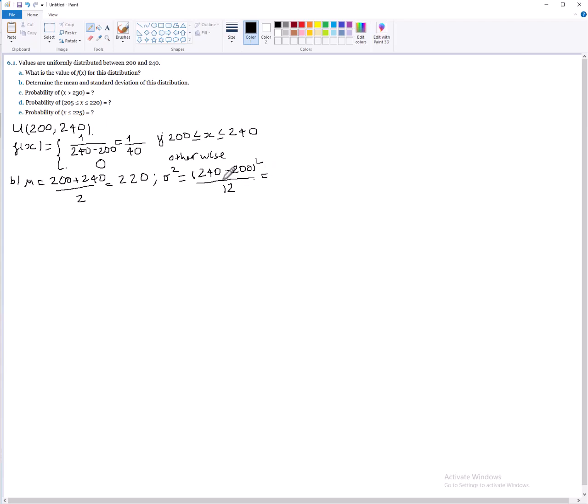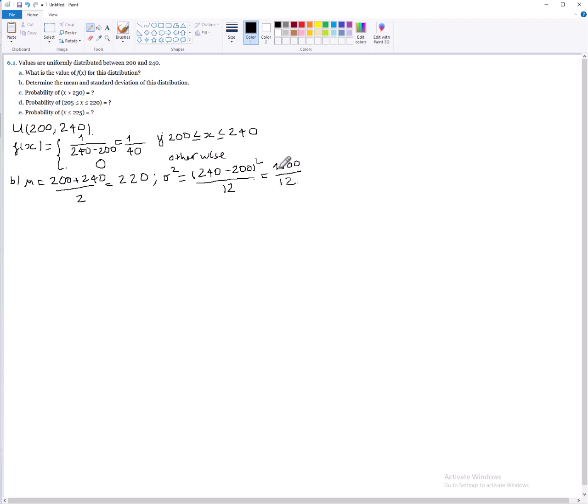So that gives you 40 squared divided by 12. So that's 1600 divided by 12.